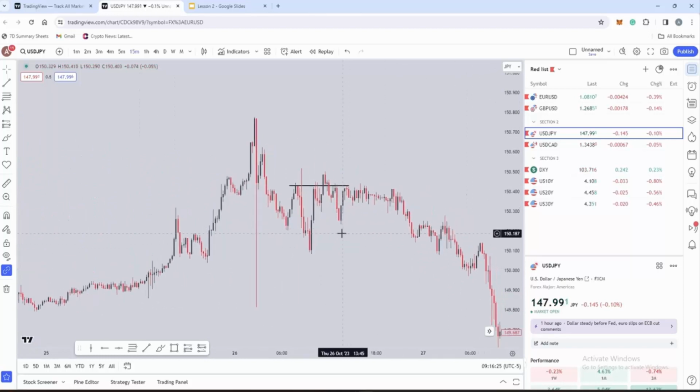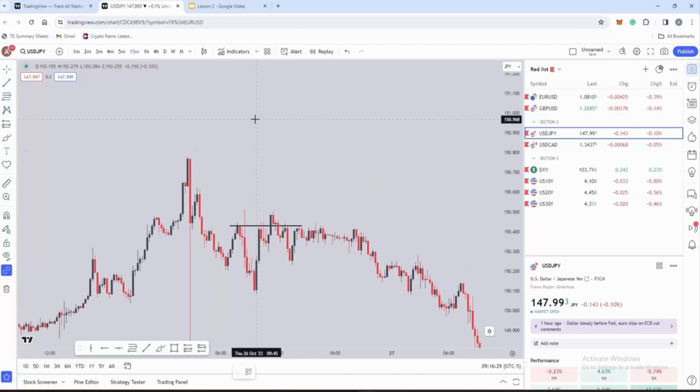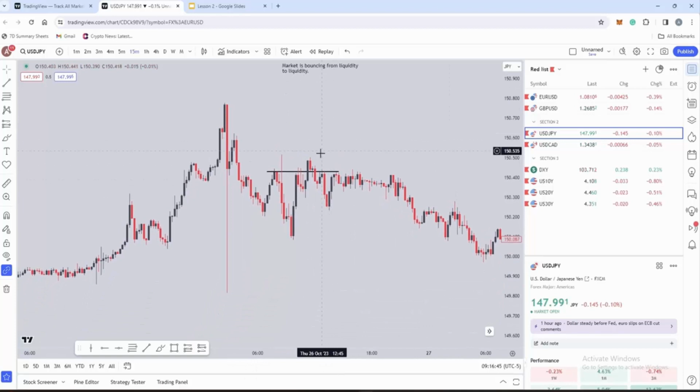The market is just bouncing from liquidity to liquidity. See here, buy side over here, sell side over here.